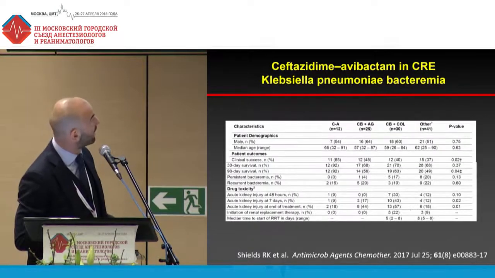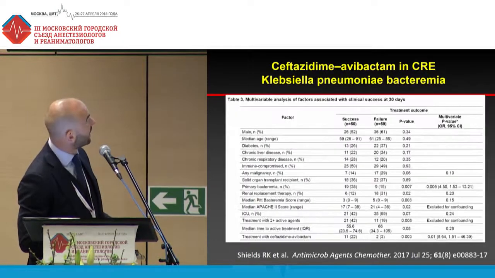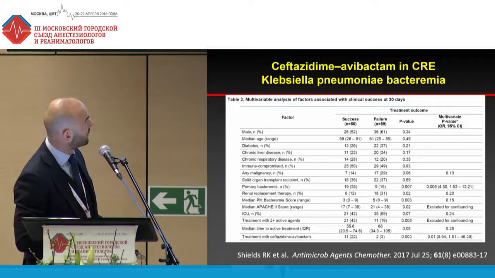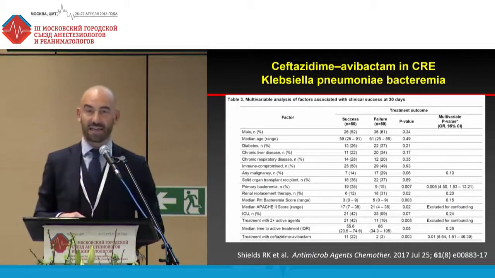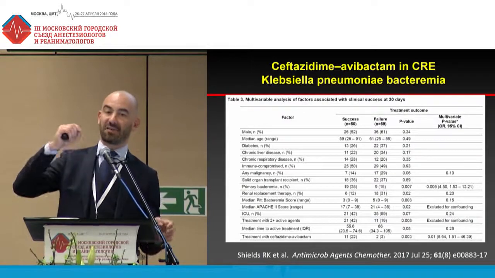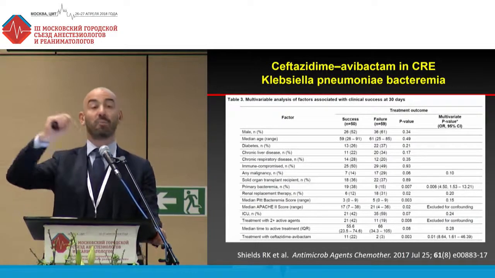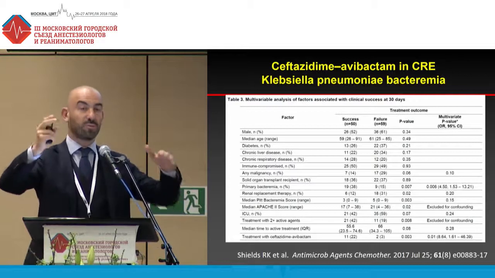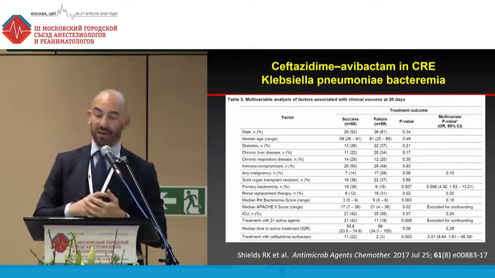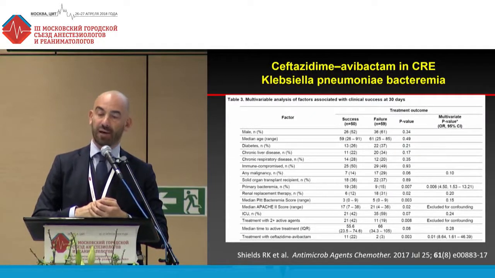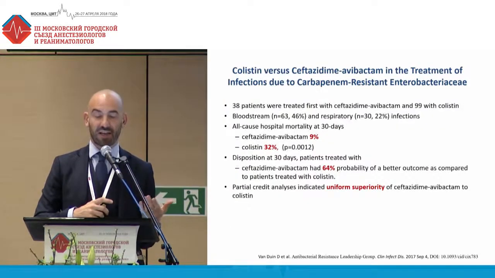When they did the multivariate analysis, they demonstrated that treatment with ceftazidime-avibactam was protective for mortality. So using ceftazidime-avibactam alone or in combination demonstrated to be superior compared to all the other options for the treatment of Klebsiella pneumoniae bacteremia. So this is a very good message.